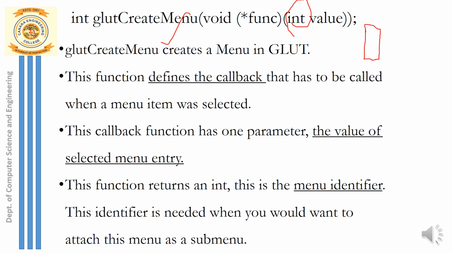So if my menu is a color menu and the first option is red, the moment I click on red, the value associated with this first menu entry, say 1, is returned here. Or if I click on the second one, G, or the third one, B, the moment I click on B, immediately the value 3 should be returned here. It is the integer value, the menu identifier, that is returned over here.